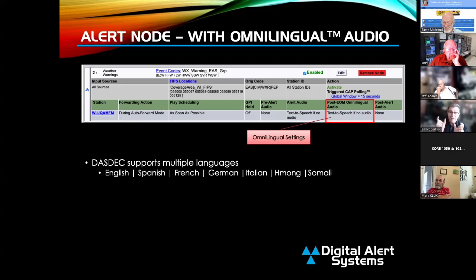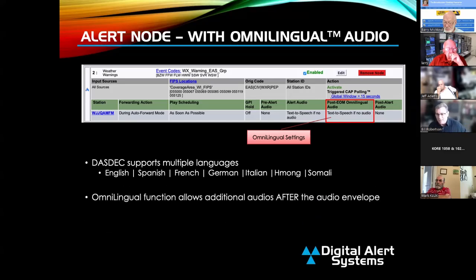And we have text equivalents that bring in the dynamic elements of the alert. So the time and everything else are all built into that for the omnilingual to present what is essentially the same alert information in Spanish, in French, in German, Italian, Hmong, Somali, or as many as you want.